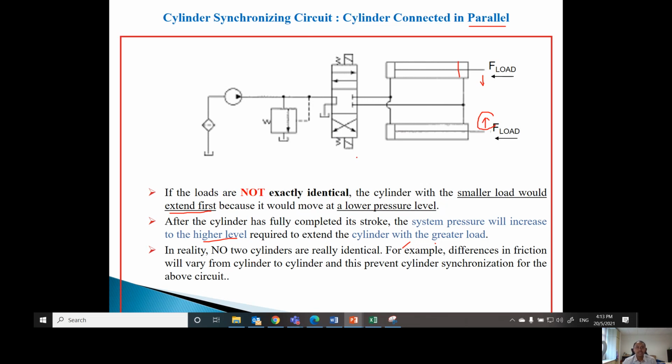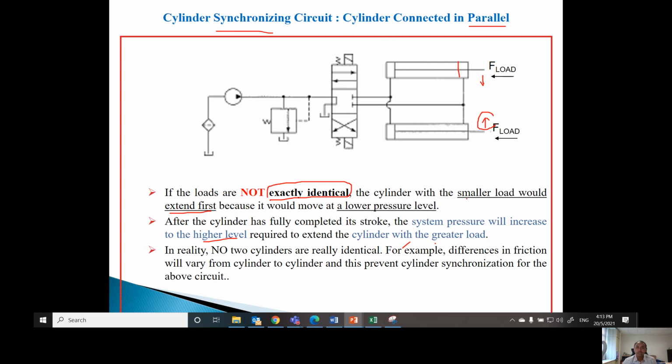So in this case, we cannot synchronize the circuit unless both cylinders have exactly identical features. That means exactly the same diameter, the same stroke, and the same size. Then you can have the cylinders move in synchronous.